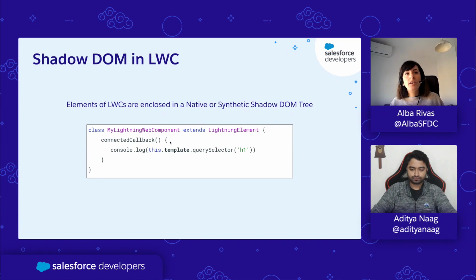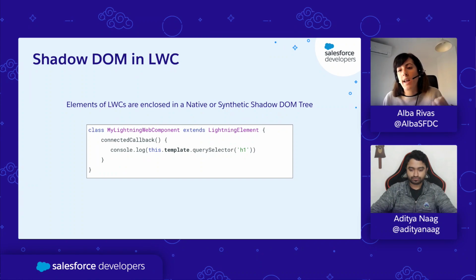But under the scenes, when you create a Lightning Web component, you are attaching a shadow DOM tree to that Lightning Web component that you are creating. That means that the elements of the Lightning Web component are not going to be accessible in the regular way.